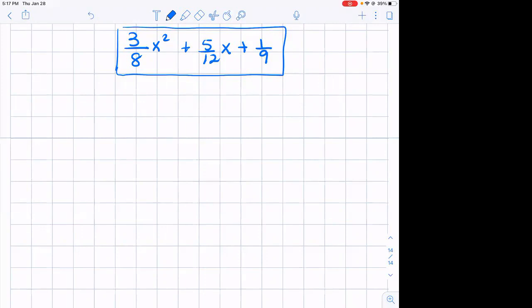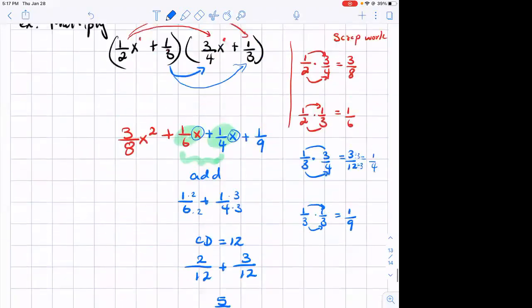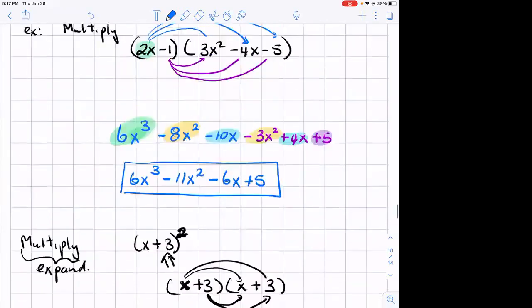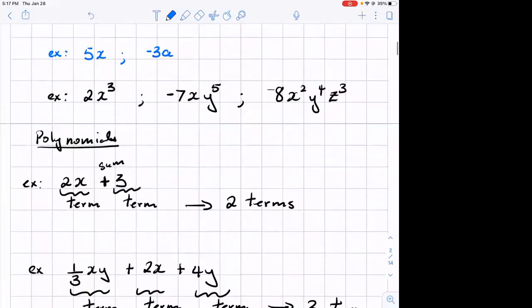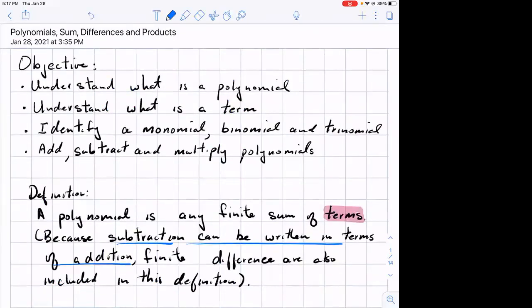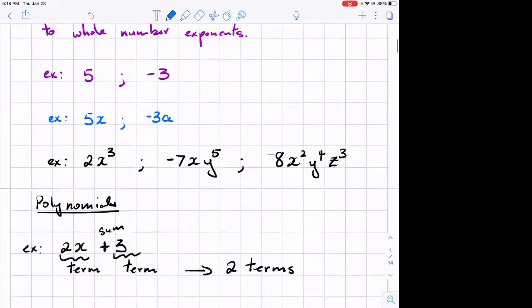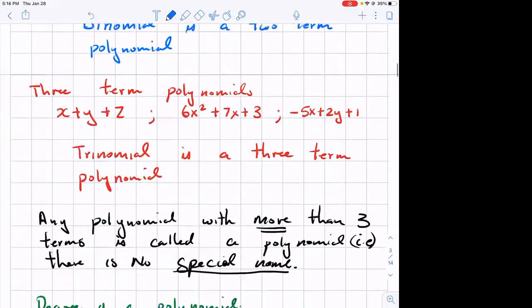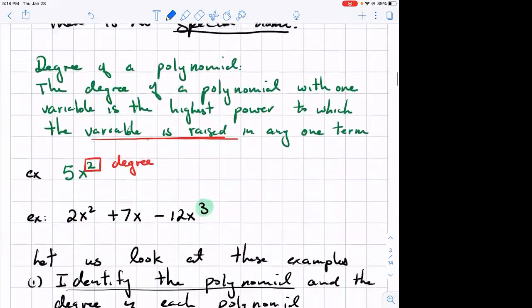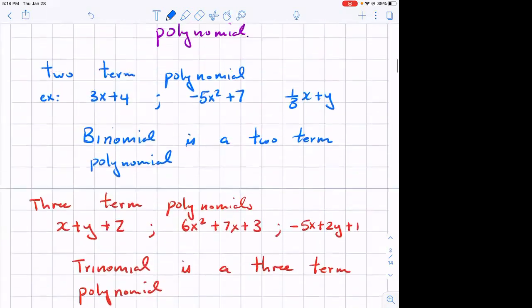So hopefully with this video, you have a good understanding of polynomials. If we go back to look at our objectives, you understand what a polynomial is now. It's a finite sum of terms, and based on the definition, you should add to that where none of the exponents are negative. Remember, I gave you the definition of a polynomial.